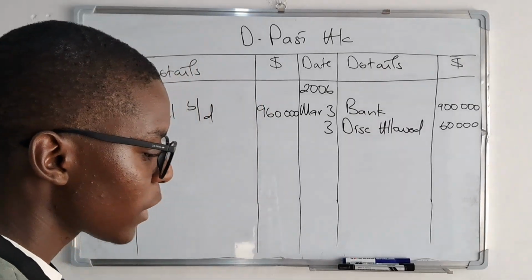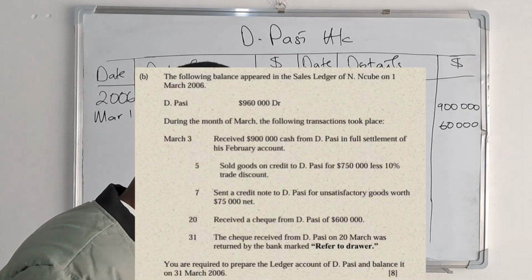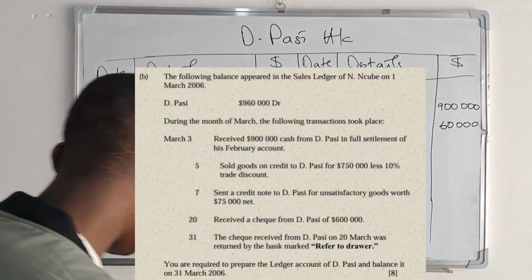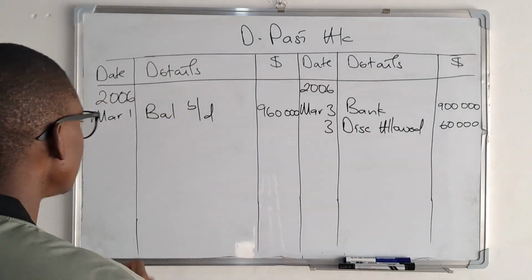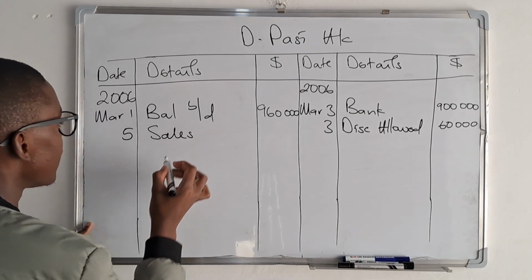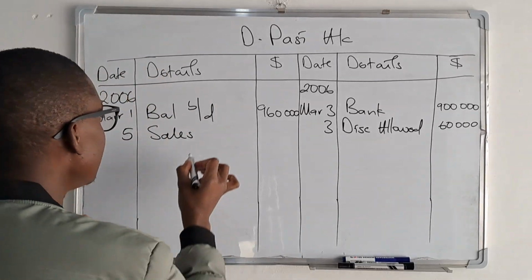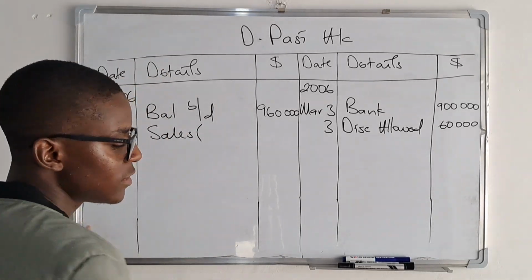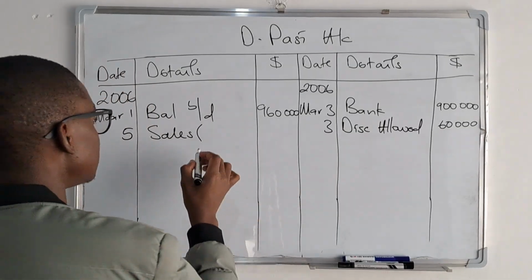$60,000. Then, moving forward, sold goods on credit to D Parsi for $750,000 less 10% trade discount. You write 5 sales. But my friend, the examiner has told you there was 10% trade discount, and we don't record trade discount in these books.